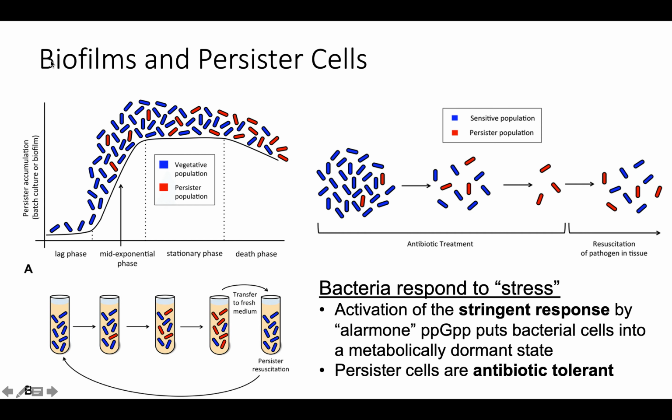So what happens when that stressor is no longer there is that these bacterial cells that were dormant, the persister cells, will then become vegetative again. They will become metabolically active. So this is one of the reasons why biofilms are so resistant to treatment. There are other things too that come into play.